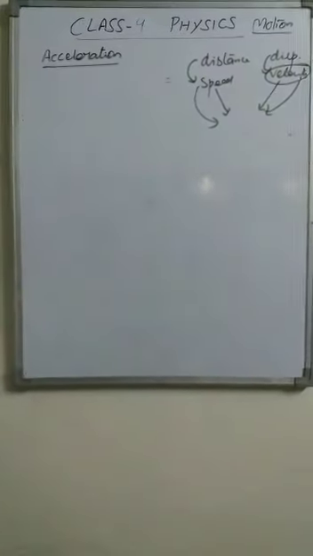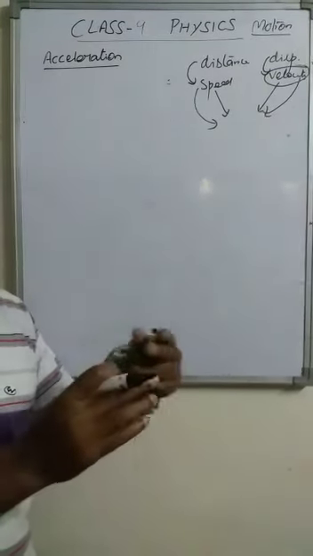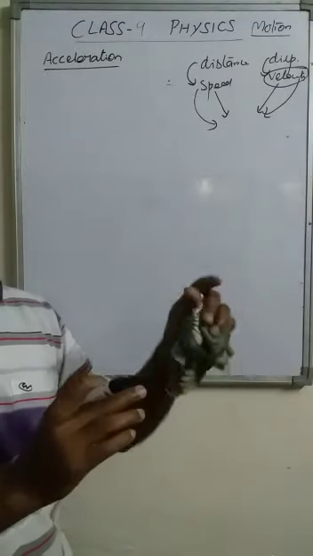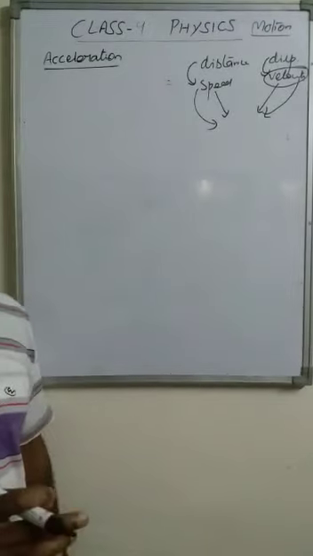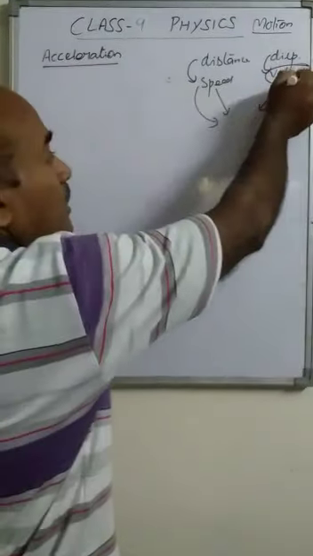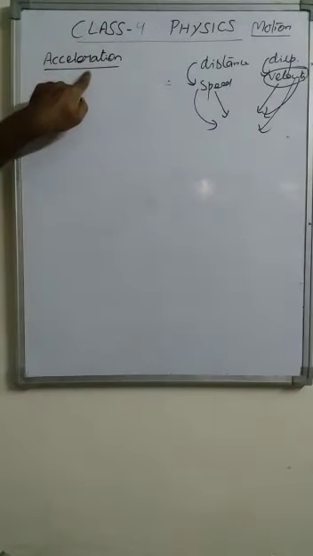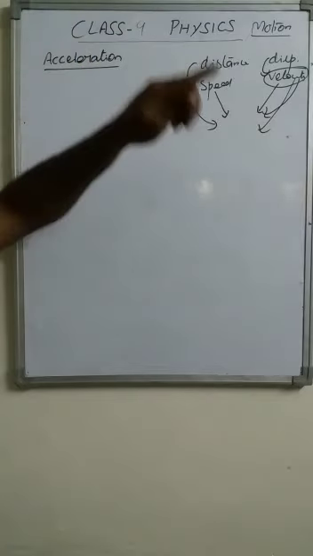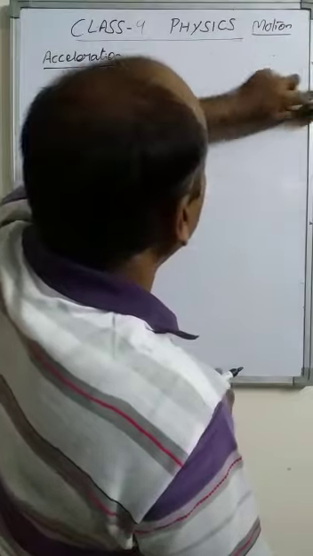Whenever anything is moving, there must be some particular direction, even for small time. That's why we should say the velocity changes with respect to time. We get the word acceleration. So acceleration is related to the change in velocity.